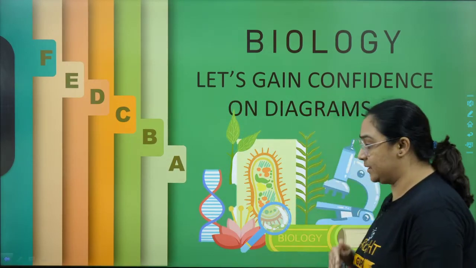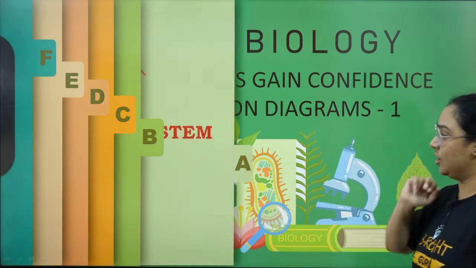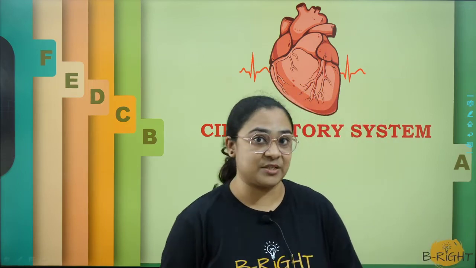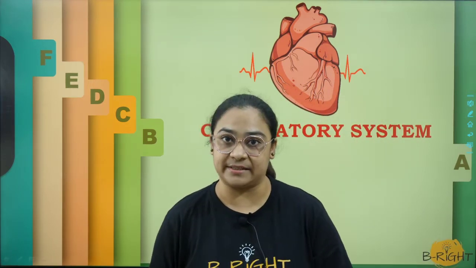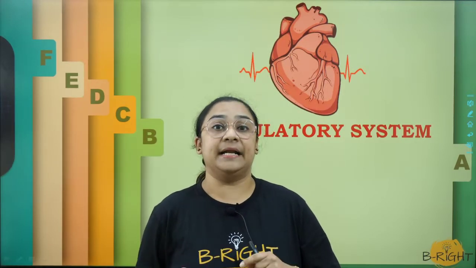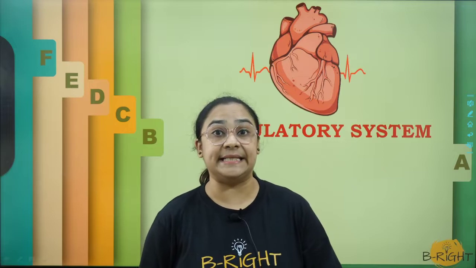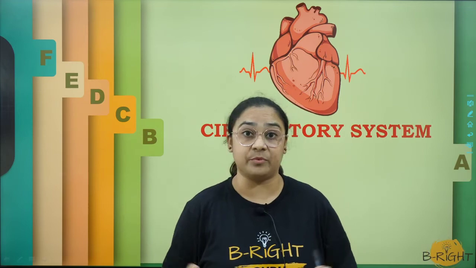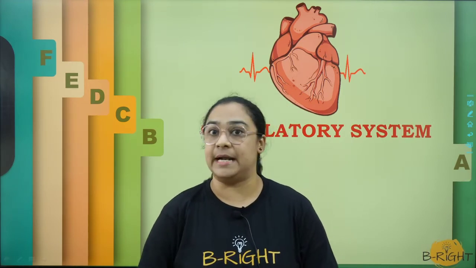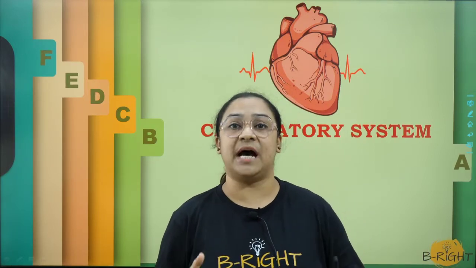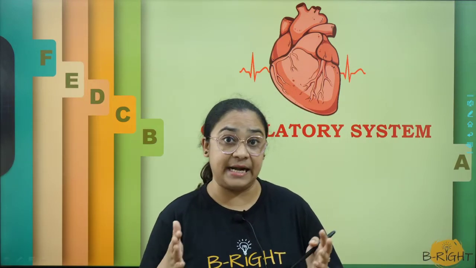Now today in this session, I am going to deal with the diagram of circulatory system. In the circulatory system we will practice all the diagram labelings, right from the structure of the heart, external and internal, and I will also include the atrial and ventricular systole and diastole, that is the heartbeat process, wherein I will not show you the cardiac cycle, but at least I will explain what will happen, how the sound of the heart is taking place, that is lub and dub sound.